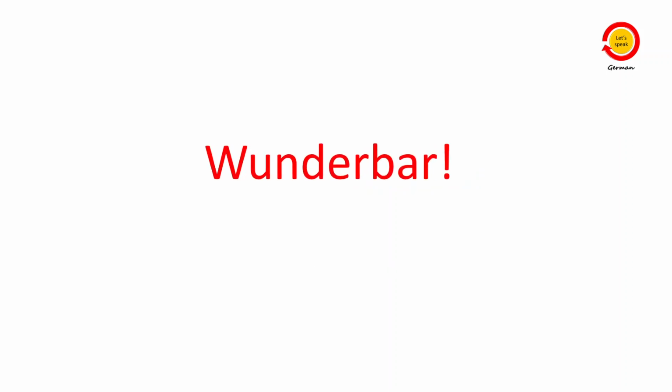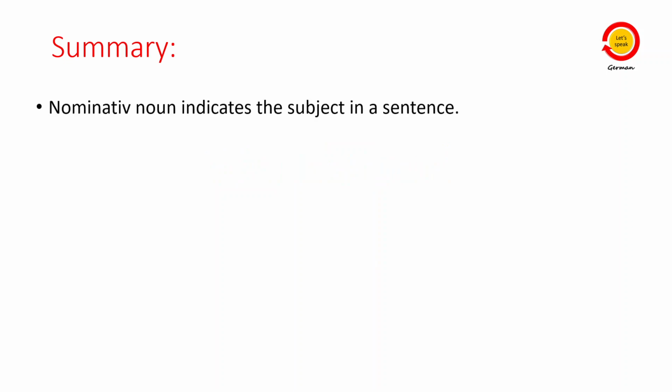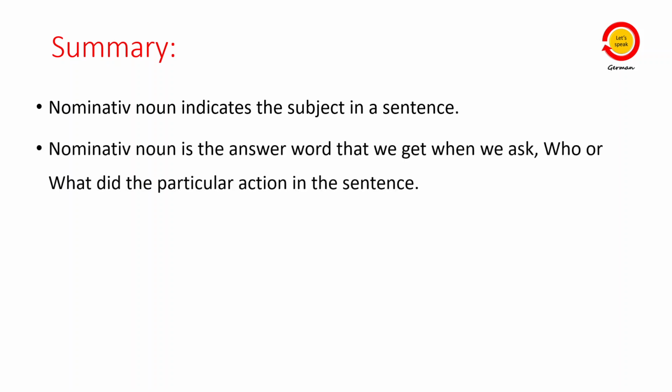Wunderbar, wonderful. Now I shall quickly summarize the nominative Fall. Nominative noun indicates the subject in a sentence. Nominative noun is the answer word that we get when we ask who or what did the particular action in a sentence.